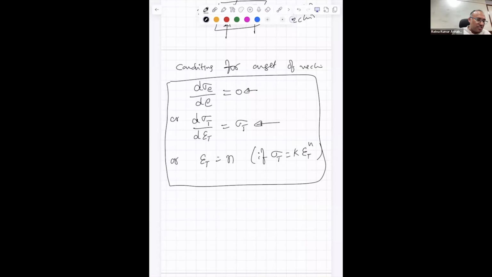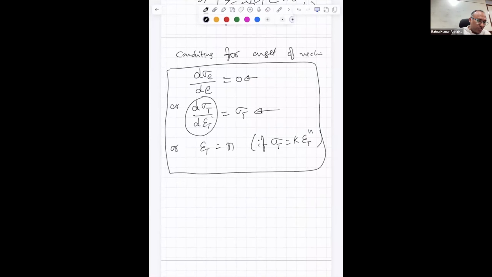Then all that you can do is compute the derivative of sigma T with respect to epsilon T, and whichever value of that corresponds to the sigma T value itself, that is the point at which necking begins. Okay? And this is what we call Considere's criterion for onset of necking. That is how you will find out when the necking begins in a material.